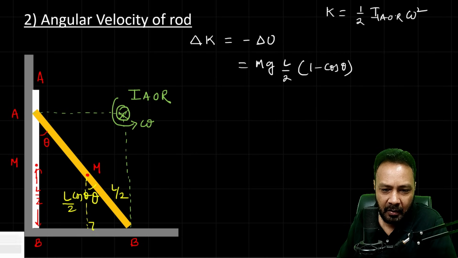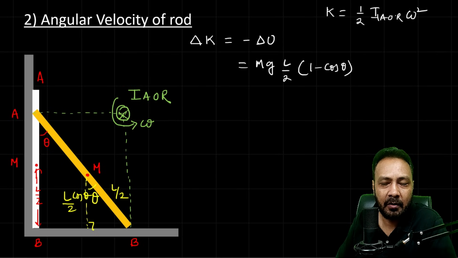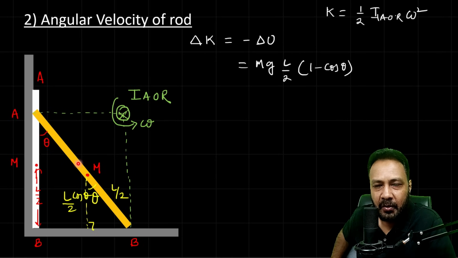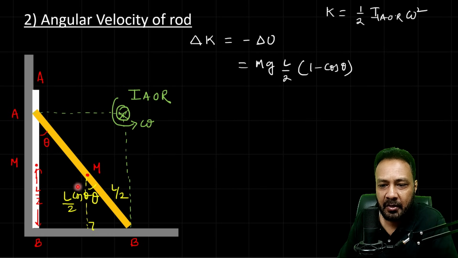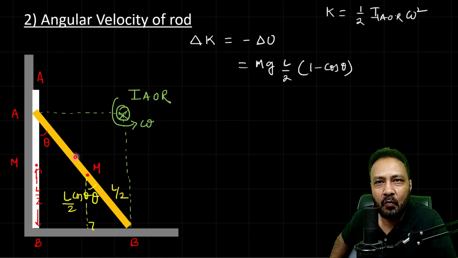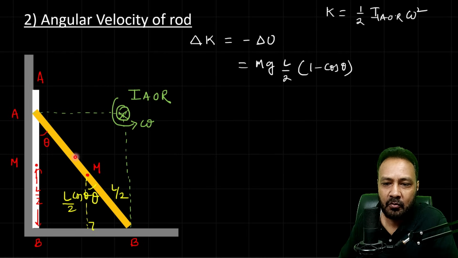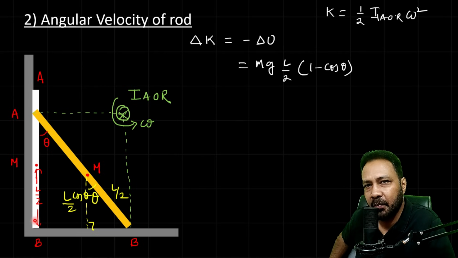From this axis, we know this is the center of mass here. About the center of mass, perpendicular to the plane, moment of inertia is mL square by 12. And all these points are at a distance L by 2 from the center of mass, so about these points moment of inertia is the same, that is mL square by 3.